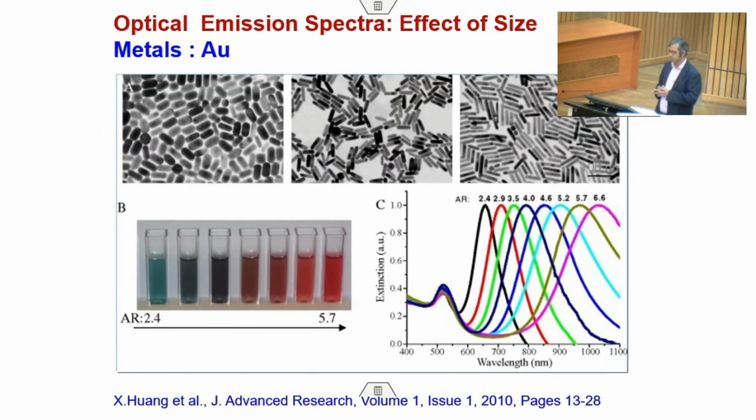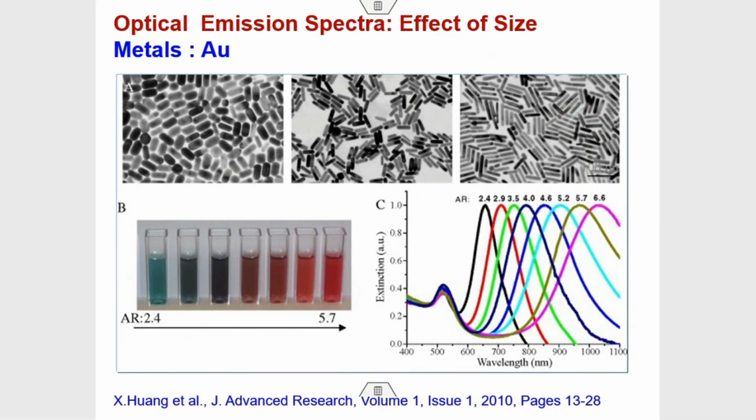Let us talk about gold, or different shapes of gold. In these different shapes of gold, as you see here, we get a tunable property by changing the aspect ratio. Instead of a nanoparticle you can have a gold nanorod. You can see this is a rod, this is also a rod, but the aspect ratios are different.